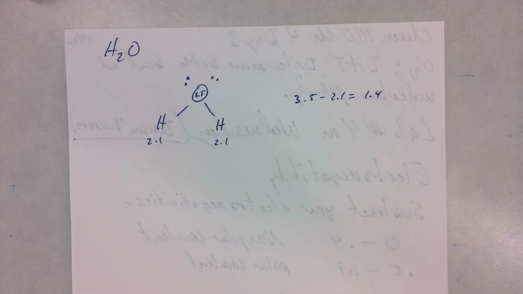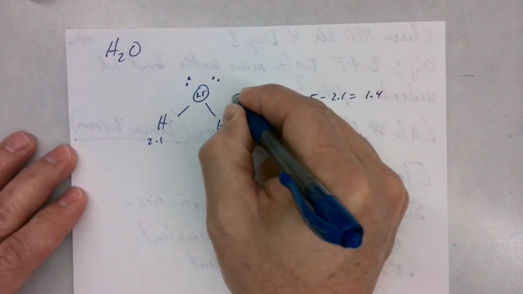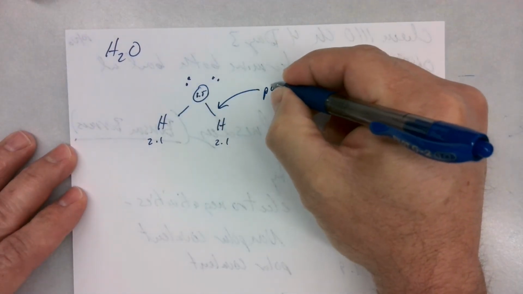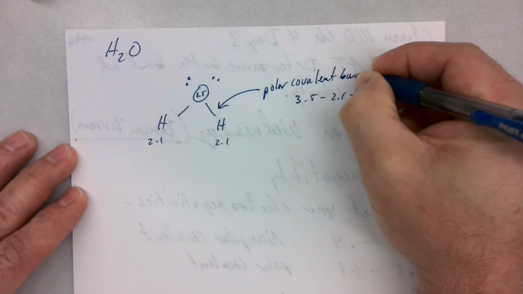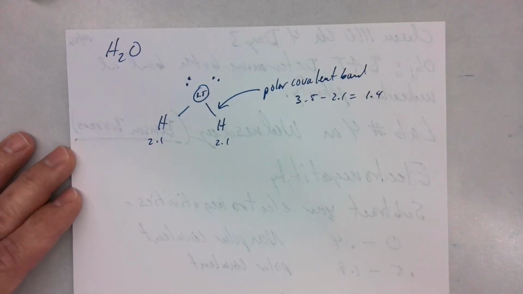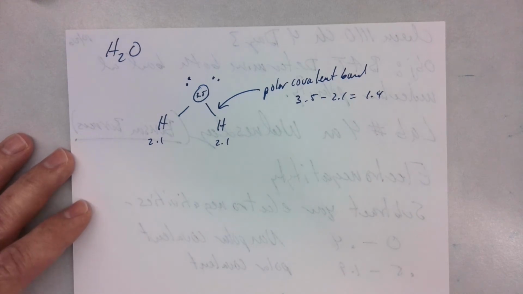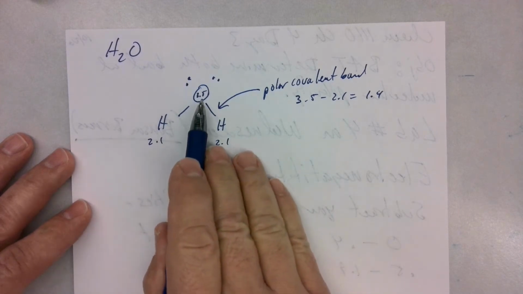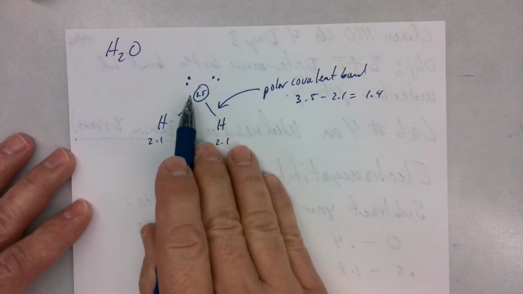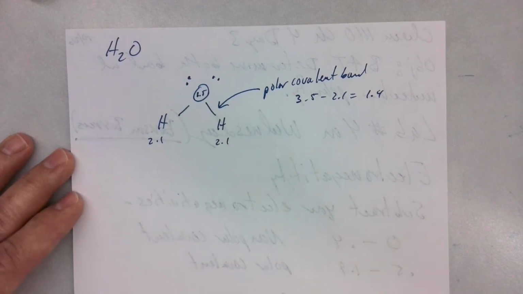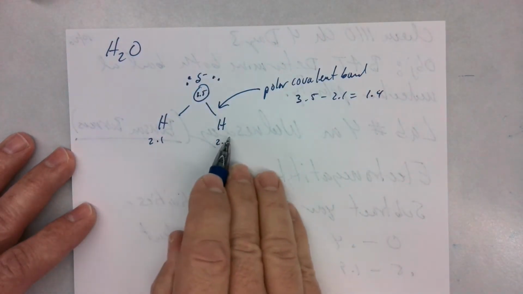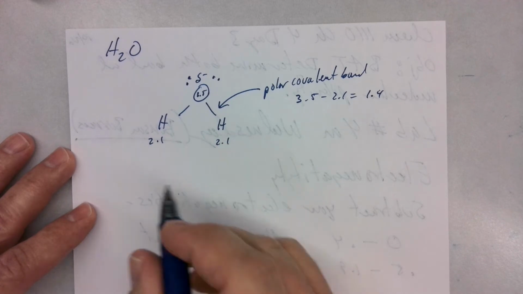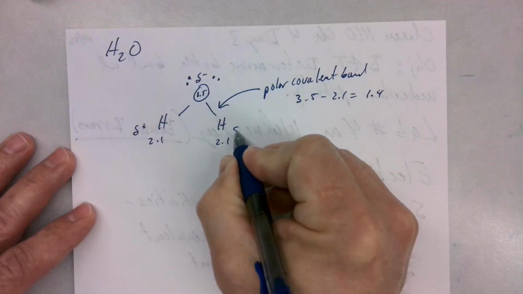So clearly this is a polar covalent bond. They are sharing them, they are just not sharing them equally. Now, what does that do to my O then? Anybody know? It makes it slightly negative. What does that do to each one of my H's? Makes them slightly positive.